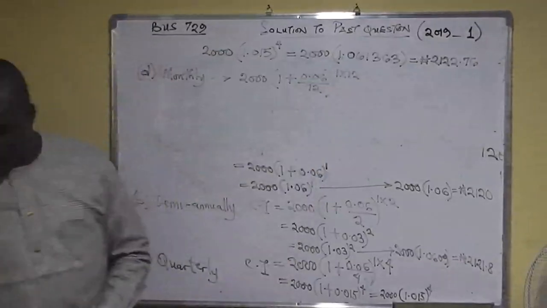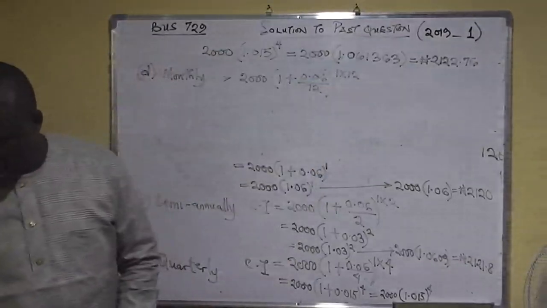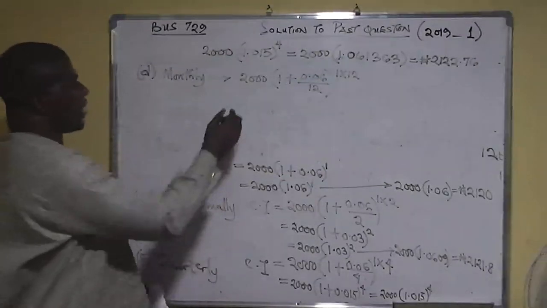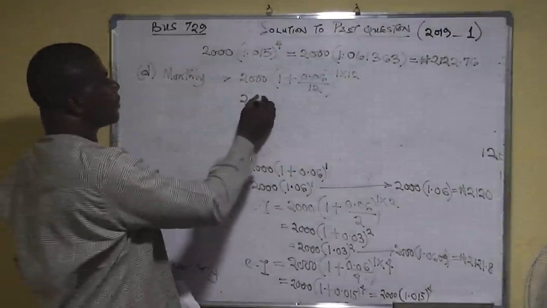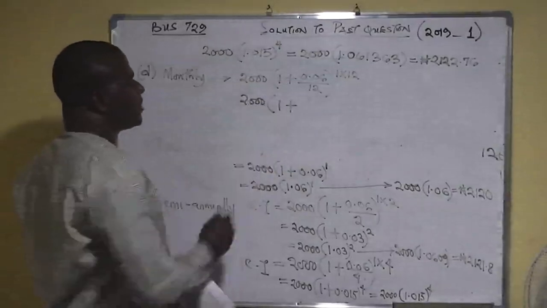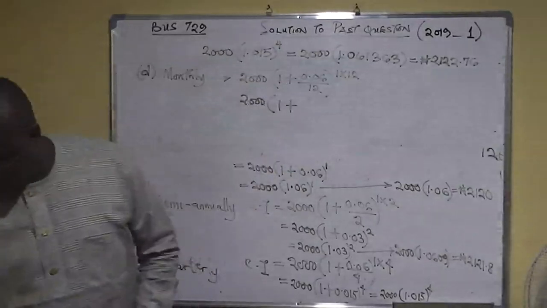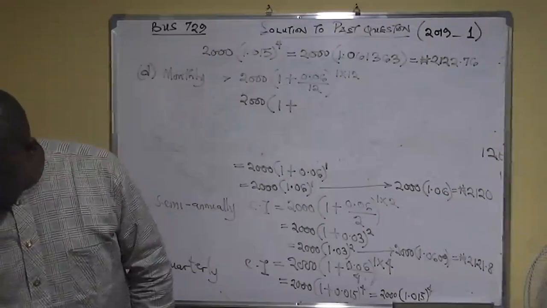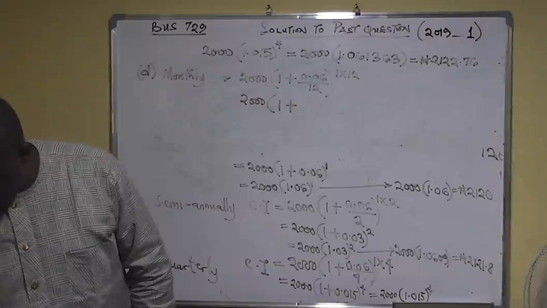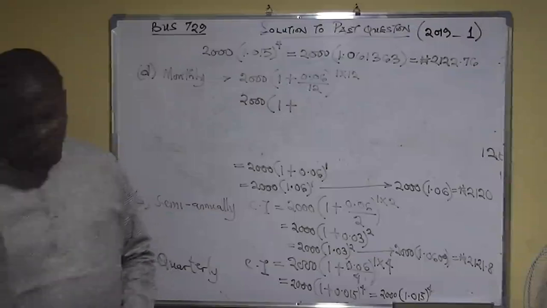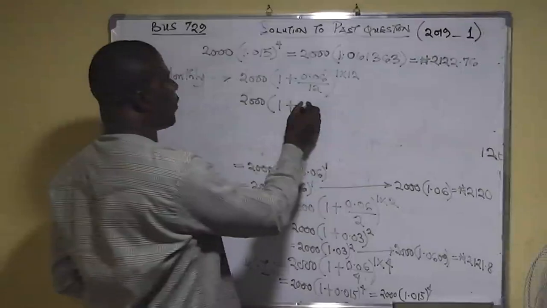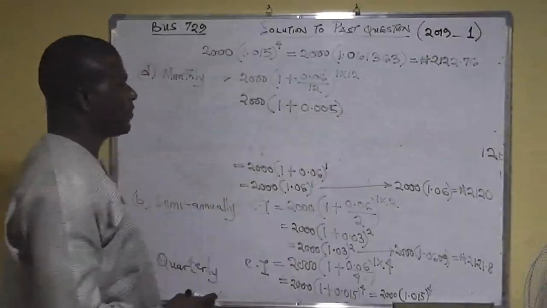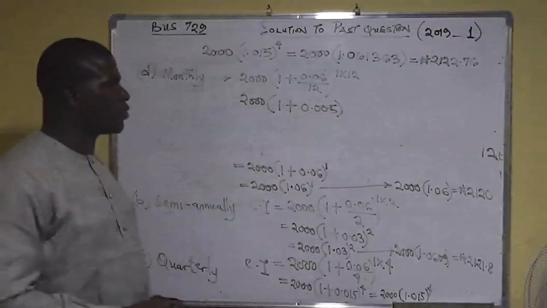Now 0.06 divided by 12 will give you 0.005.